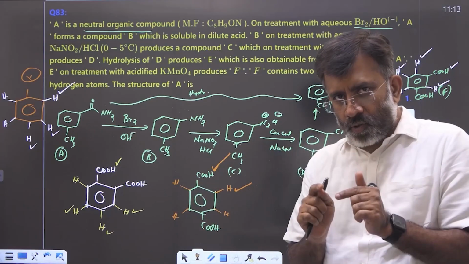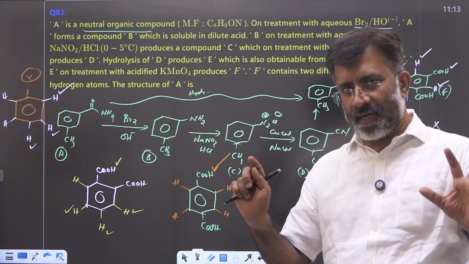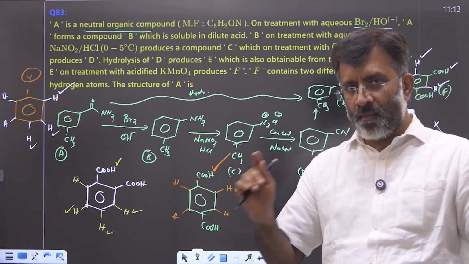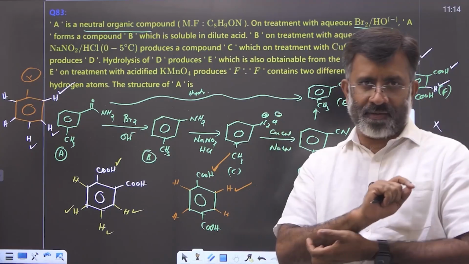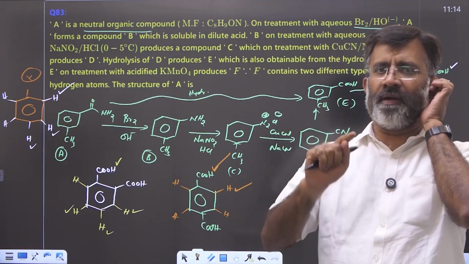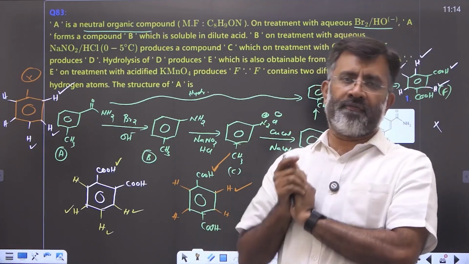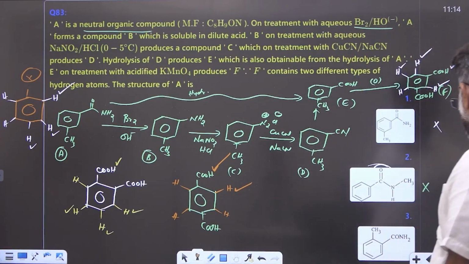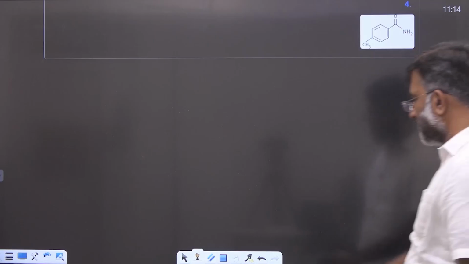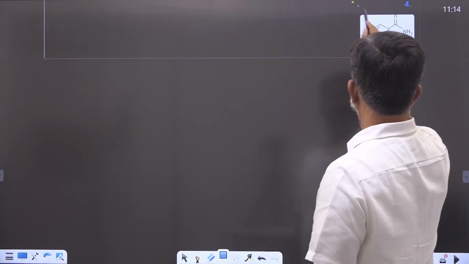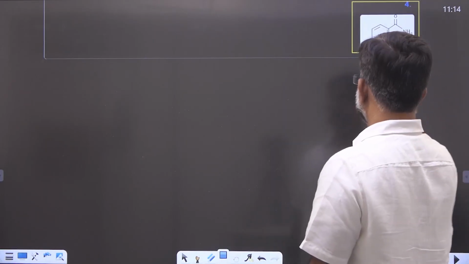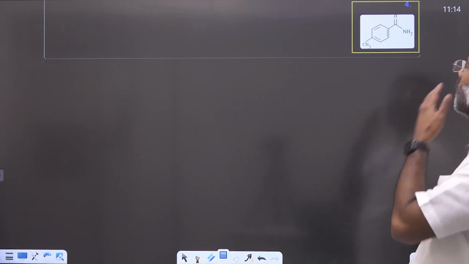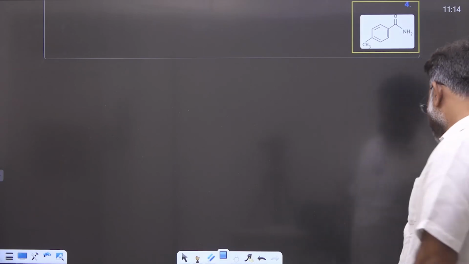All the other choices match the entire sequence. But the last part of the question says there are two types of hydrogen in the final molecule F. That is satisfied by one option, and that is the fourth option. The fourth option is the correct answer. Is that clear? Fine.